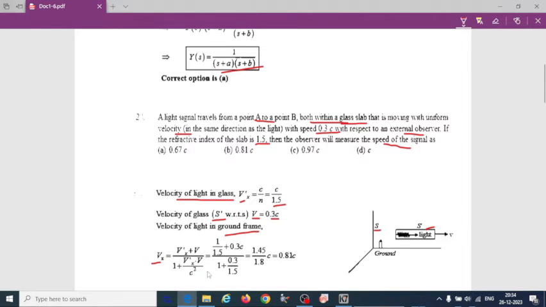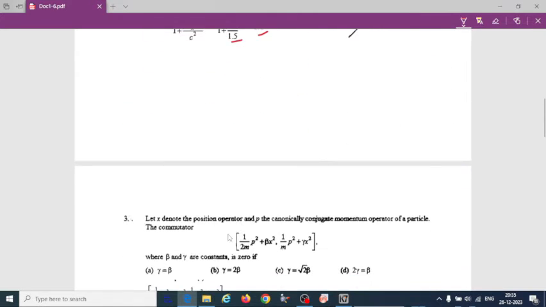Then again in denominator also we have to substitute. So here c c get cancelled, so remaining 0.3 divided by 1.5. If we equate numerator and denominator, finally we will get here the ratio 1.45 and 1.8. If we further evaluate, we will get 0.81 c. So that is what? The velocity of light in the ground frame. So the option B is correct here.